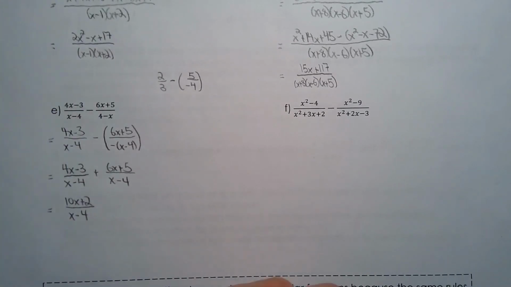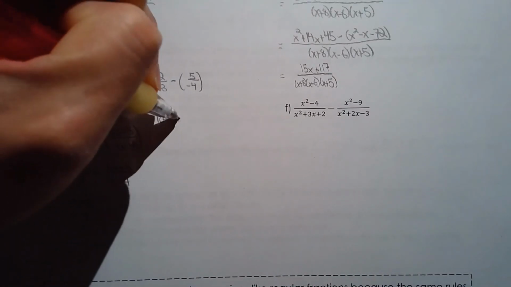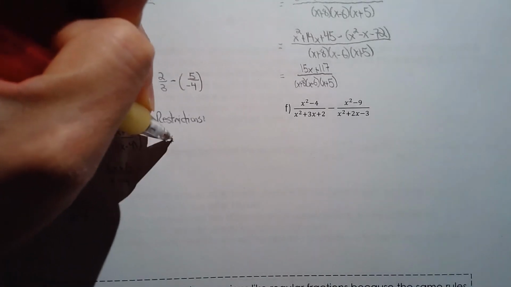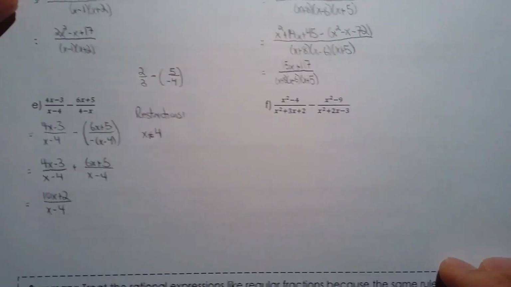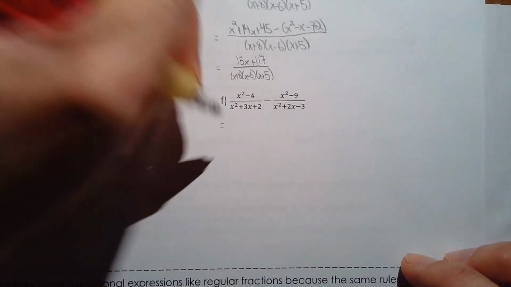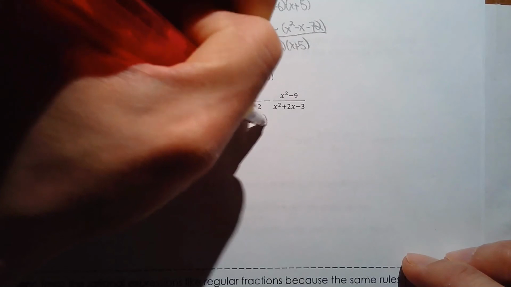Is there a common factor between numerator and denominator? Nope. So there's no simplifying that can take place. X cannot be 4. Beautiful. All right, let's keep going. X plus 2, x minus 2, difference of squares.